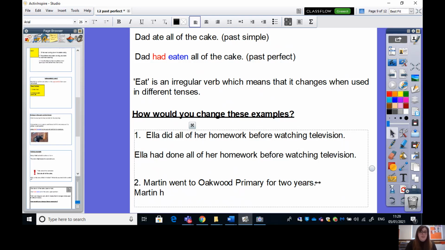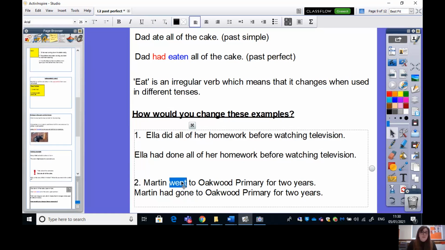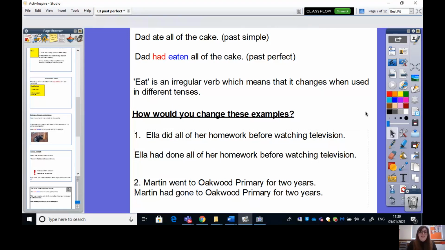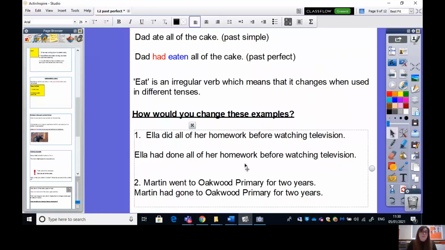So Martin had gone to Oakwood Primary for 2 years. Again, went is an irregular verb. You can change it to something that's a bit more appropriate. Had attended, you might want to change it to that as well. Any other verb, as long as you don't write had went, which wouldn't make sense.